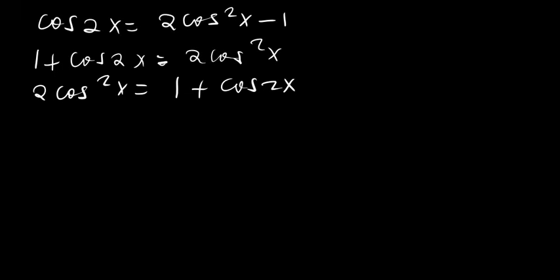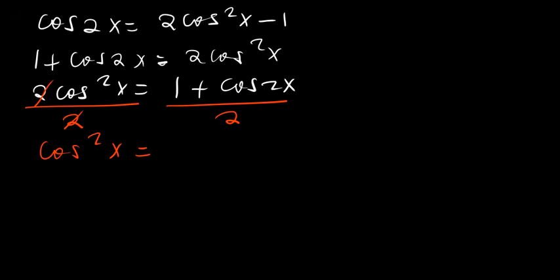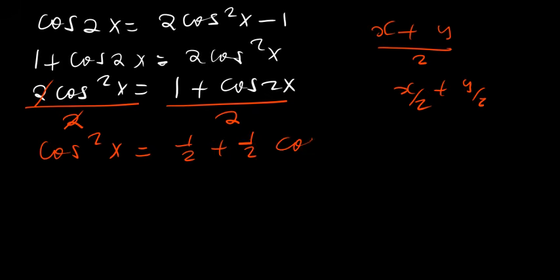Okay, so now here I can divide everywhere by 2. So 2 and 2 will go, and then I'll have cos squared x will be equal to, do you guys know that if I have got x plus y divided by 2, it's the same as x over 2 plus y over 2? So this is the same as 1 over 2 plus 1 over 2 cos 2x.